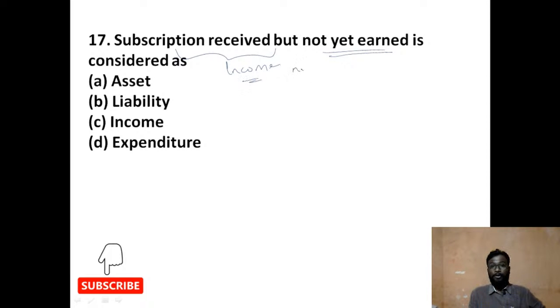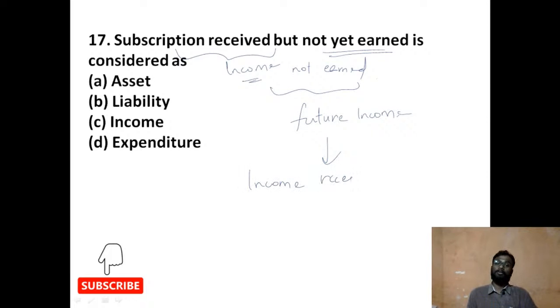So income not earned, what does it mean? We have not yet earned the income, which is future income, also called advance. Income received in advance, whatever income we have received in advance, is a liability. It is a liability. Yes, guys? Option B. Good. Very good, ma.